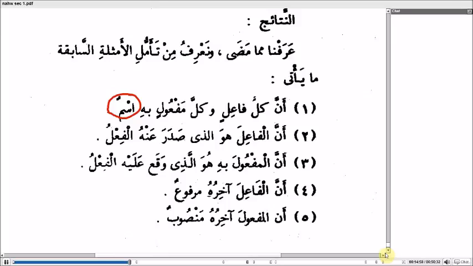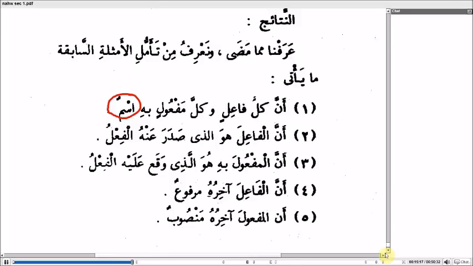Ism. وأن الفاعل هو الذي صدر عنه الفعل. He's the one who does the action. The fa'il is the one who does the action. وأن المفعول به هو الذي وقع عليه الفعل.